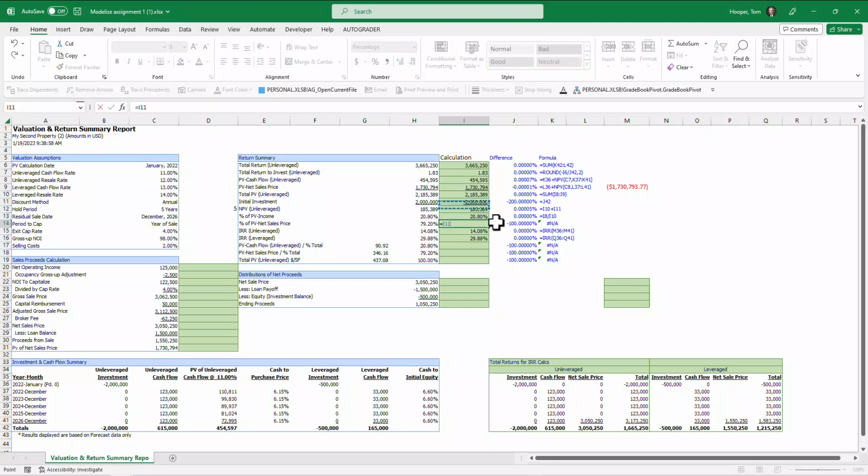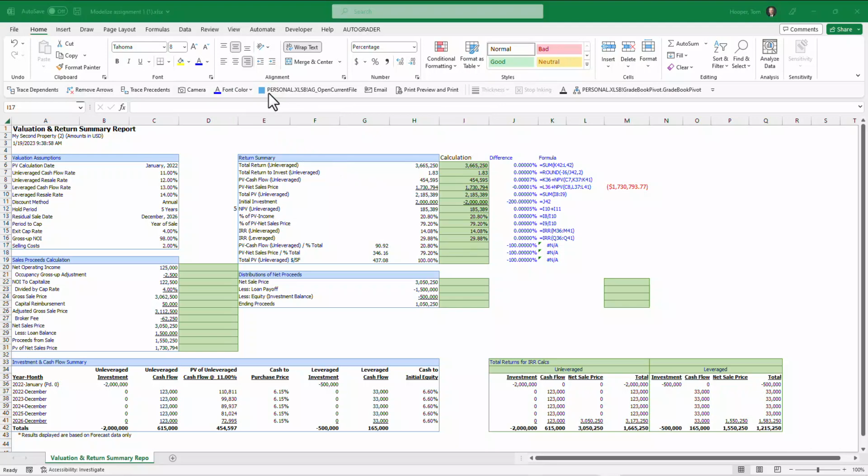And then the resale portion as a percent of the total PV is about 79%. So it's just saying how much money comes from the cash flow and how much money comes from the net sales price on a present value basis with the appropriate discount rate. Okay, we've already done the rates of return, and that gets us down to the PV cash flow unleveraged.